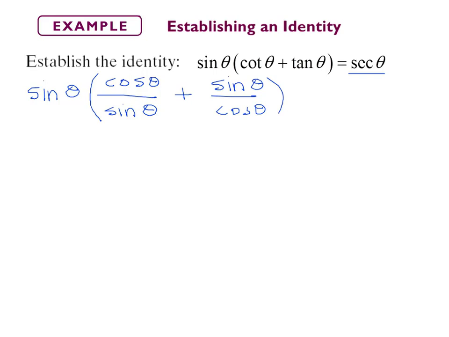Yeah, I need a common denominator. So what's my common denominator? It's sine cosine. So I can say this is equal to sine theta times, and my common denominator is going to equal sine theta cosine theta.